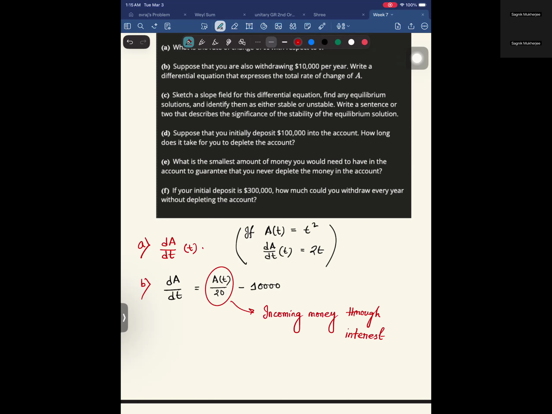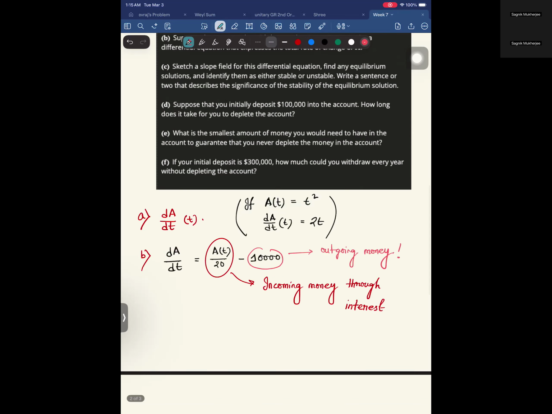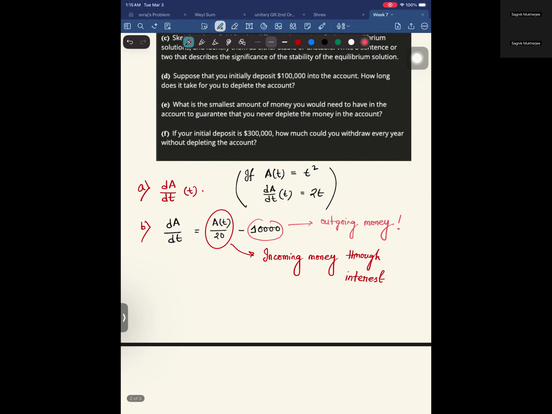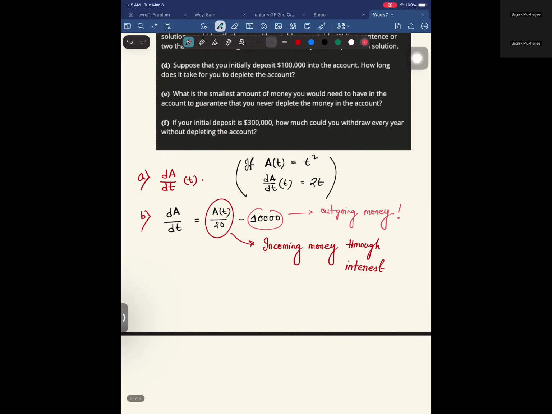And this is outgoing money, right? That is because you are transferring it. Make sense? So remember, the interest rate is 5%. 5% means it's 1/20th of your existing bank account balance, right?